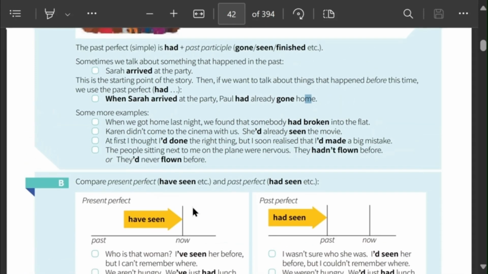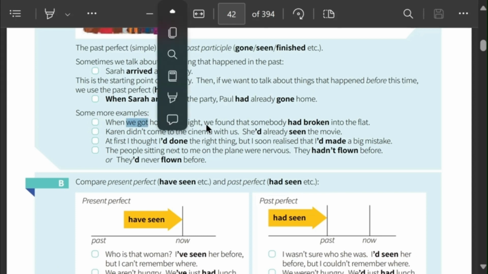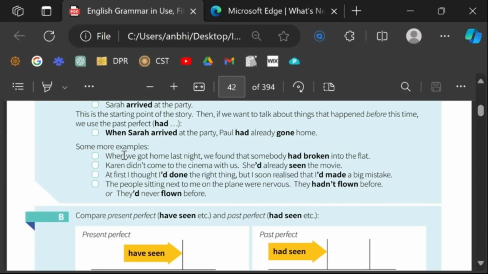Some more examples. When we got home last night, look, this is past. We found, also past, that somebody had broken into the flat. The flat is the apartment, remember? Not really a house, it's the apartment, no?